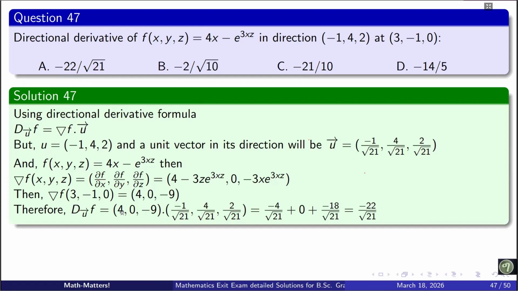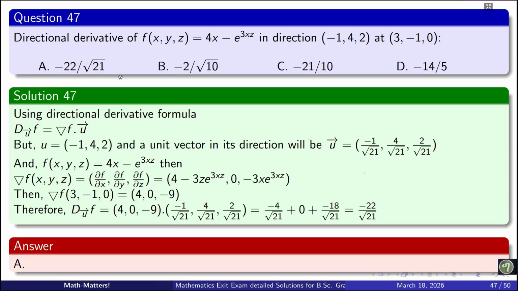That is, 4 times minus 1 over 21 is minus 4 over 21. 0 times this one is already 0. Minus 9 times this one is minus 18 over 21, which is equal to minus 22 over the square root of 21. Therefore, the answer for this question is A, minus 22 over the square root of 21.